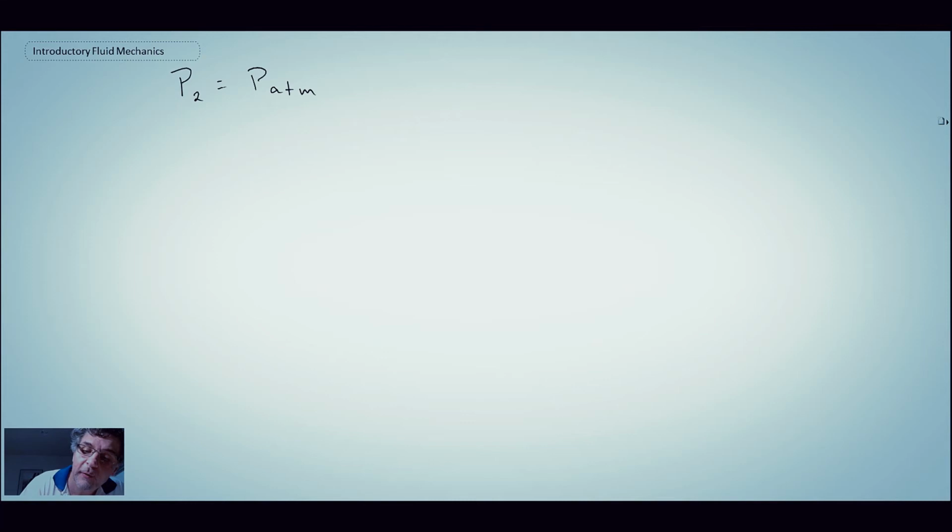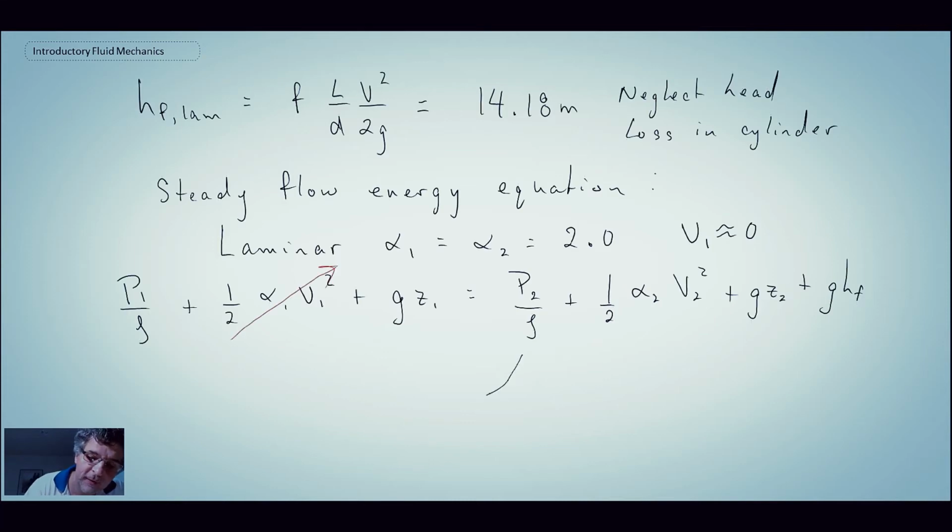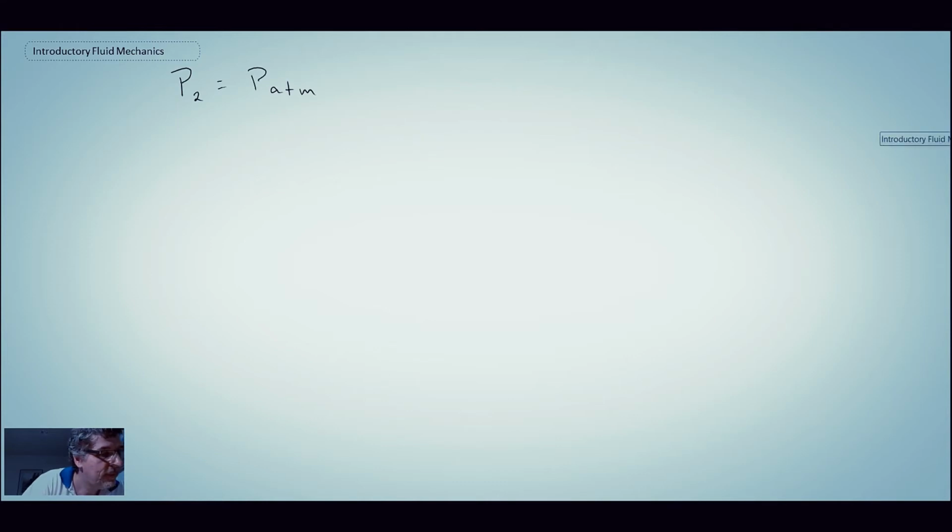So rearranging, I'm going to pull P2 over to this side. So we have P1 minus P2, and if P2 is at atmosphere, then that would be a measurement of P1 at gauge pressure divided by the density. And then on the right hand side we have the following terms.